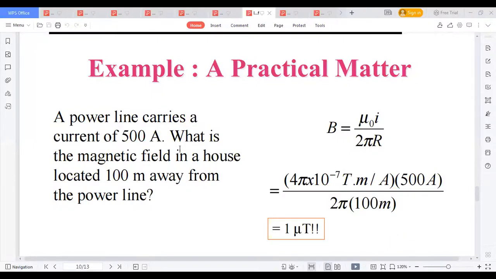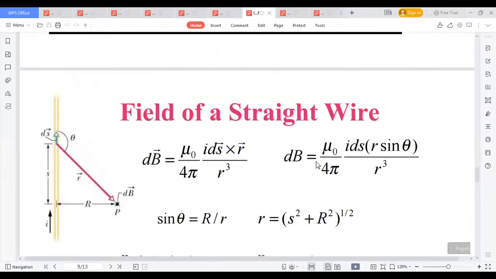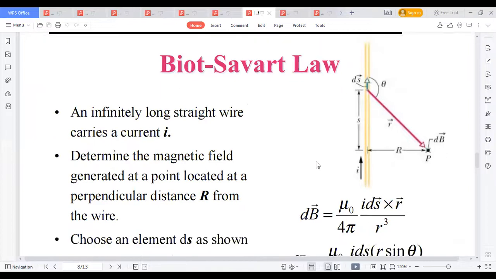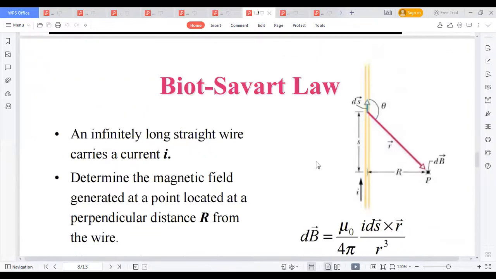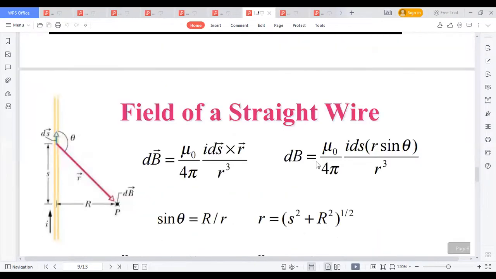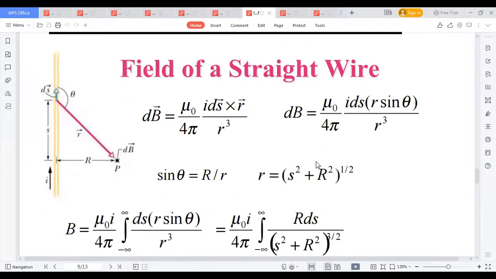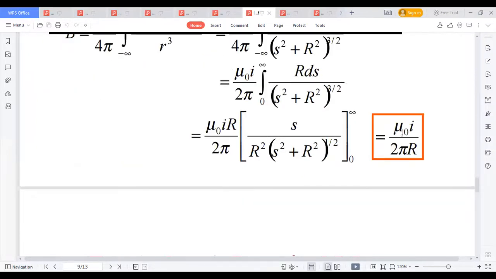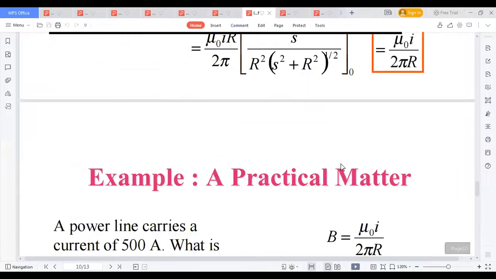We can just use this one, the application of Biot-Savart's law for a long wire, the field of a straight wire. We have just proved mu naught I divided by twice pi r, and we use this method also.